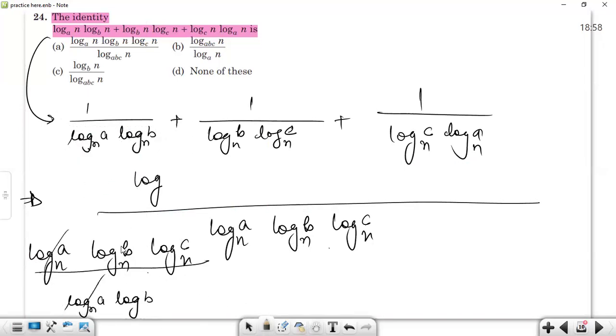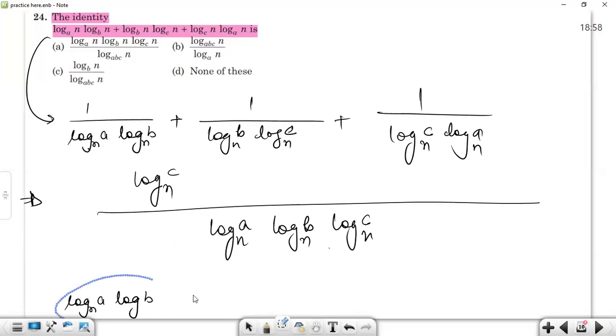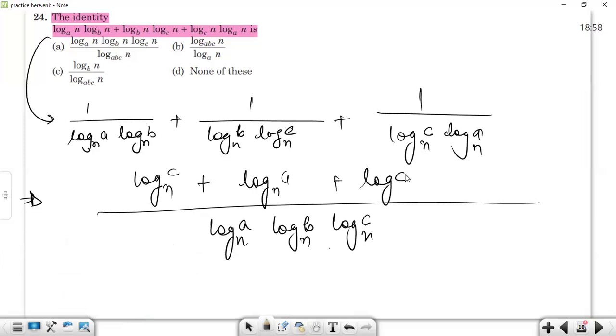So this will be remaining, right? So similarly here, logarithm of A, here B. So now here we can apply the property.